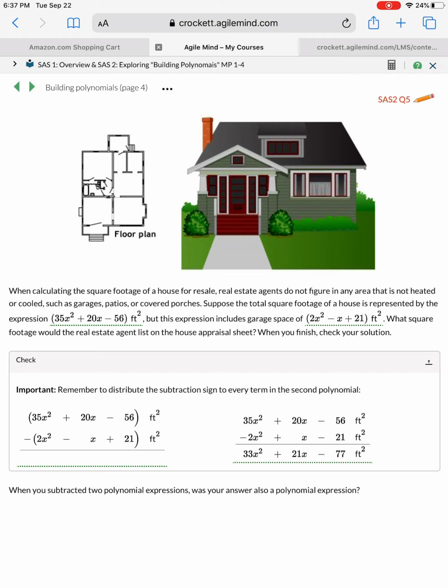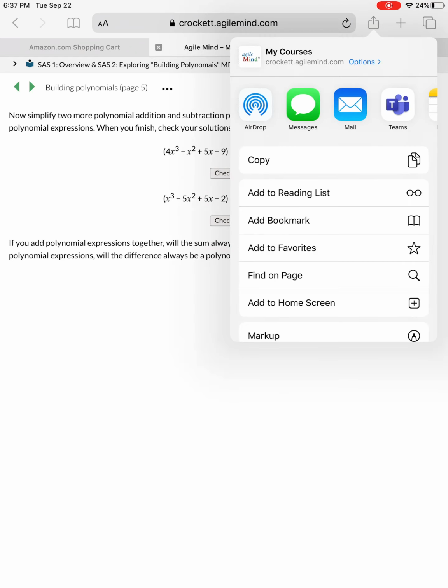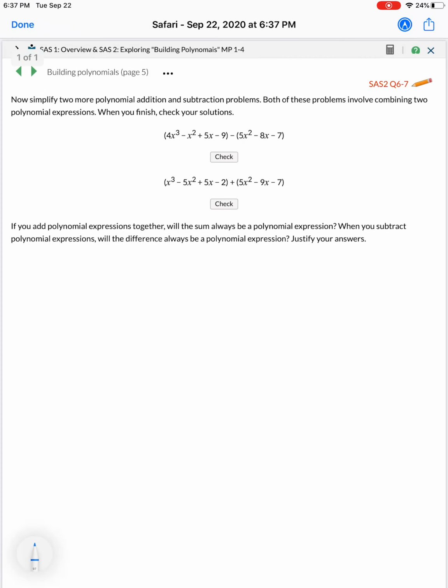Let's see. What number are we on now? 6. Yes, we're on number 6. All right, so number 6, we are subtracting. So we have to change our sign on the second set of the parentheses.